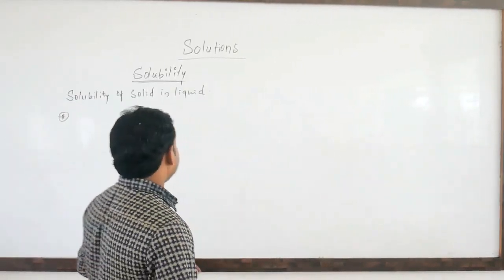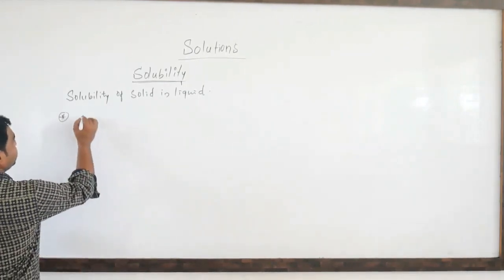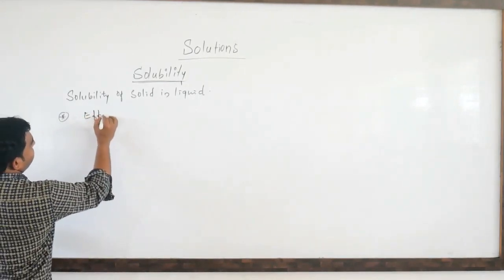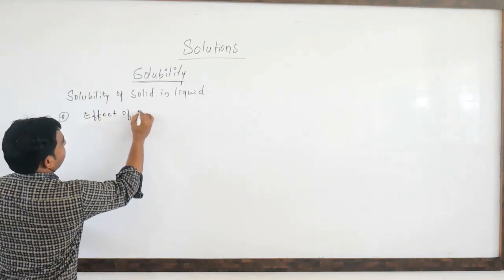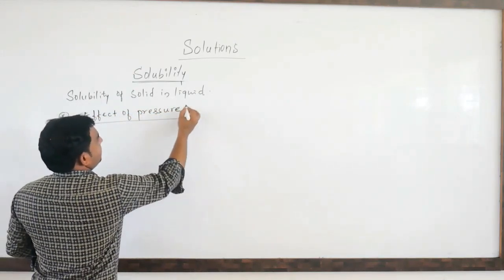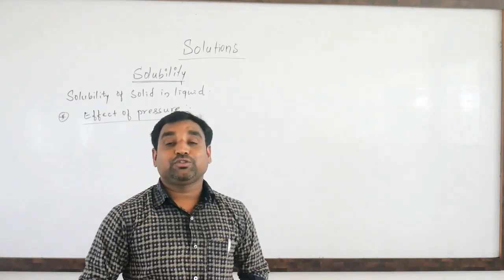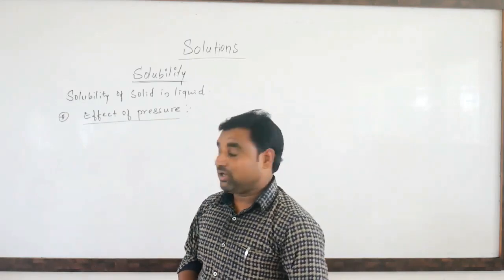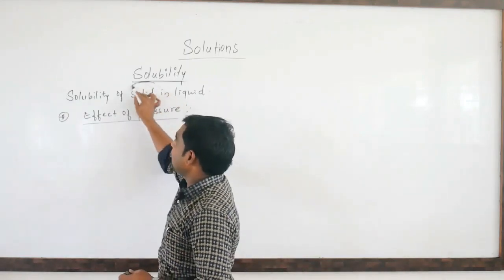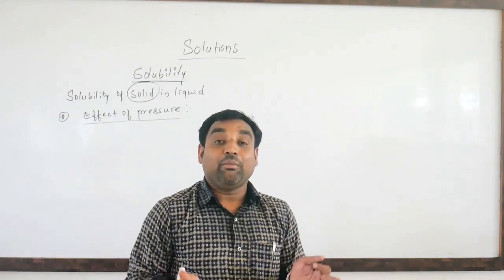And the third factor which affects the solubility of a solid in a liquid is the effect of pressure. The pressure has no effect on the solubility of a solid in a liquid because, as we already know, solids have a fixed position, a compact arrangement.